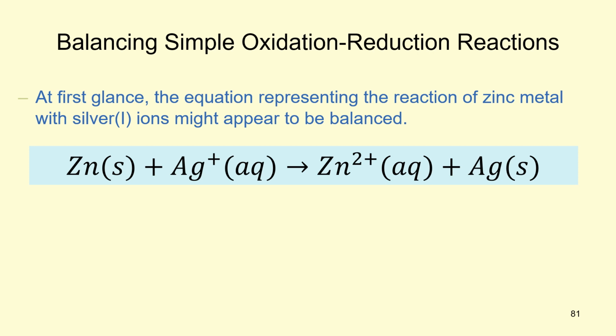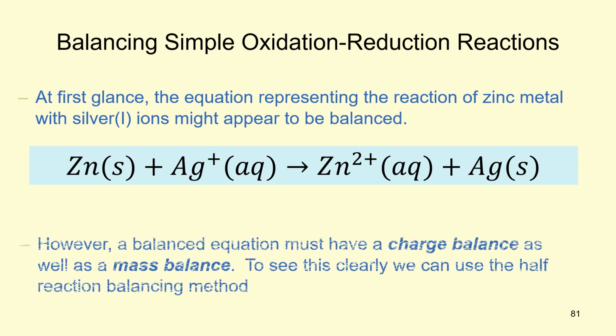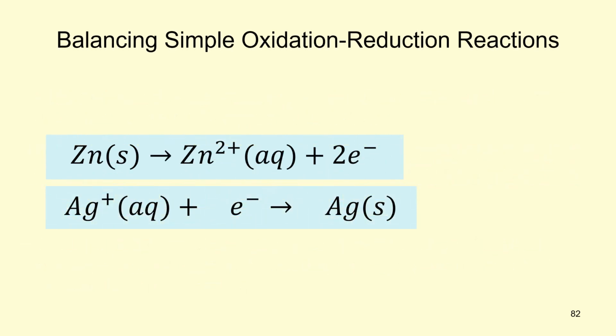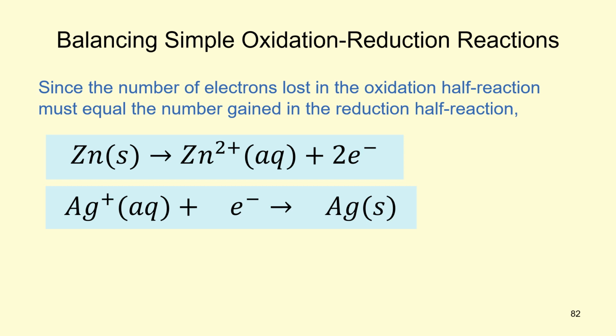So the best way to balance a simple redox reaction is to break them back up into their half reactions. So these have a mass balance, but not a charge balance. If we pull them apart, we can see again that zinc has gone to zinc +2, meaning it had to have lost 2 electrons, whereas silver +1 to 0 means it only gained 1 electron.